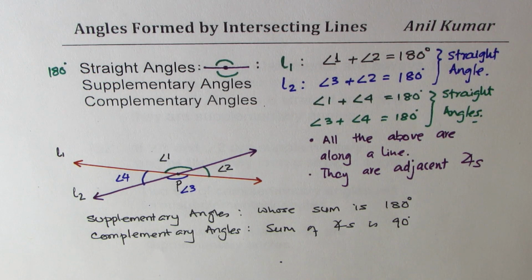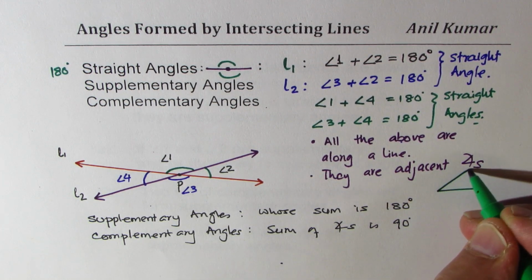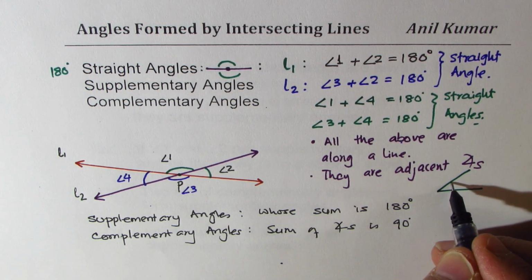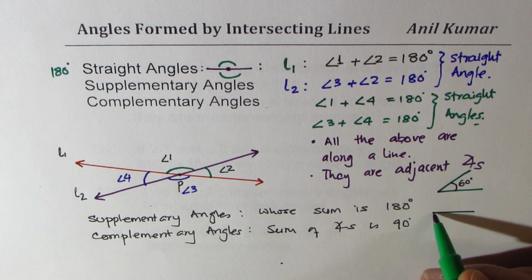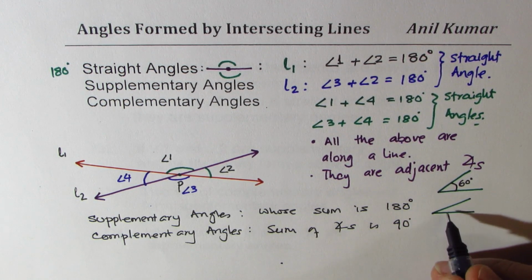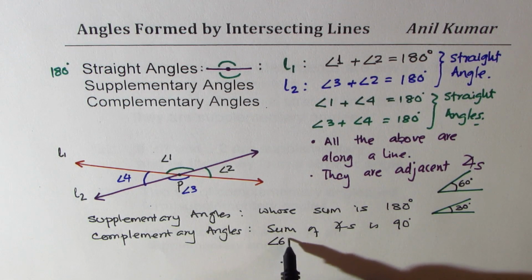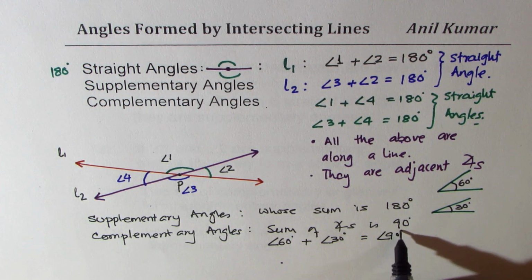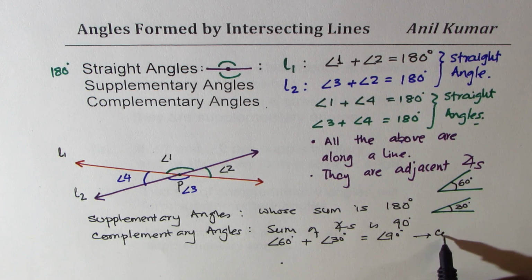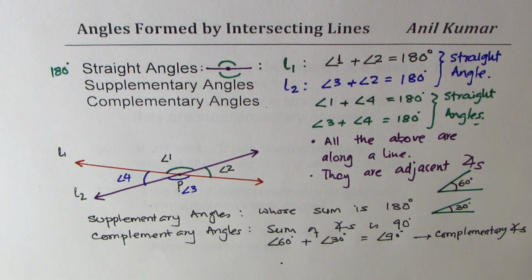So for example, if I have an angle of 60 degrees, let's say, and if I have an angle of 30 degrees, then 60 degrees plus an angle of 30 degrees will give me an angle of 90 degrees. So that means they are complementary angles. Is that clear? Perfect. Okay.